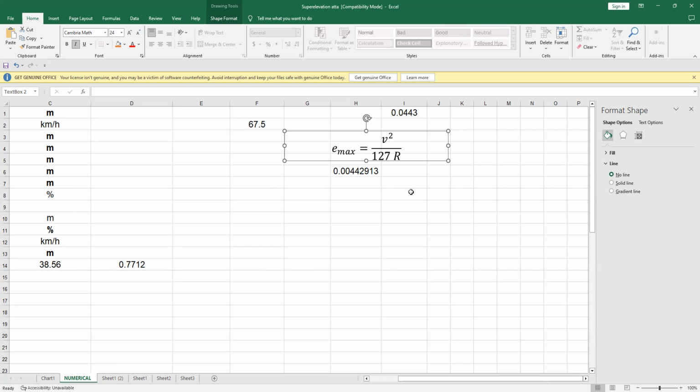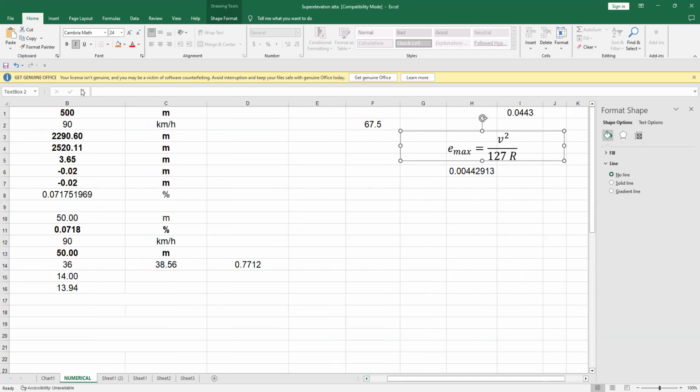Now, practically, we can say that E maximum compensates 75% of the design speed. So in this formula, instead of taking 90 kilometers per hour, we'll take 75% of 90 kilometers per hour.